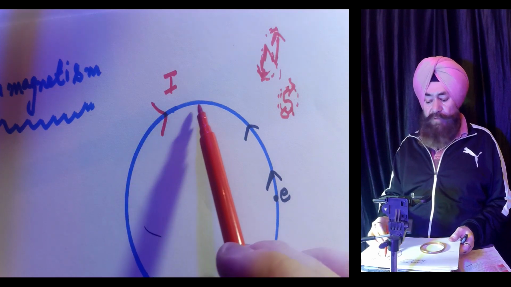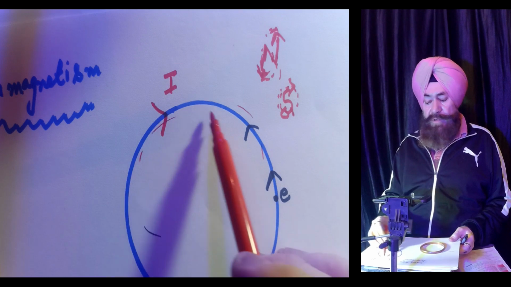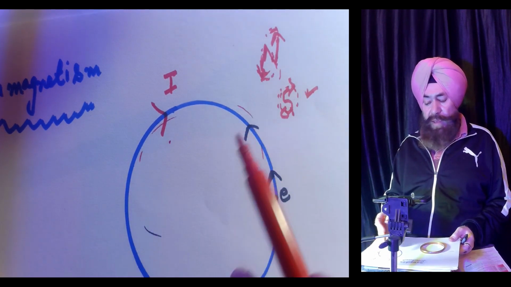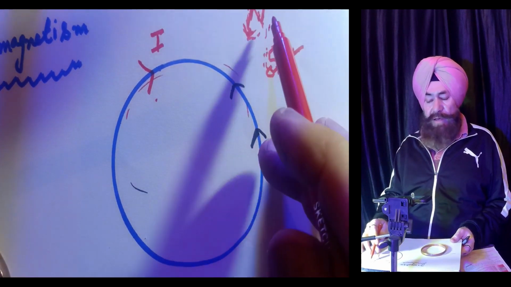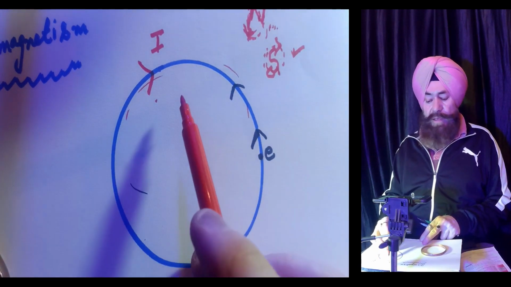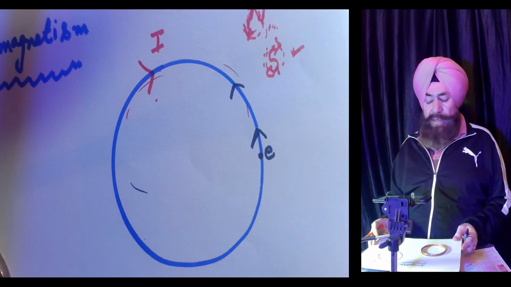So the upper face, where the current is clockwise, will behave like a South Pole, and the lower face of the same loop will behave like a North Pole. That means it is like a tiny magnet.